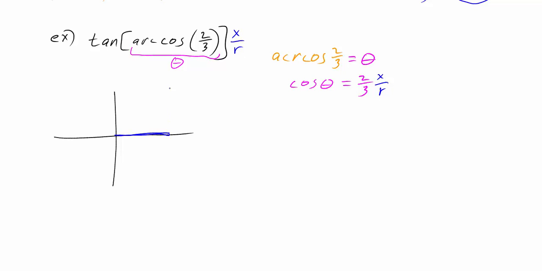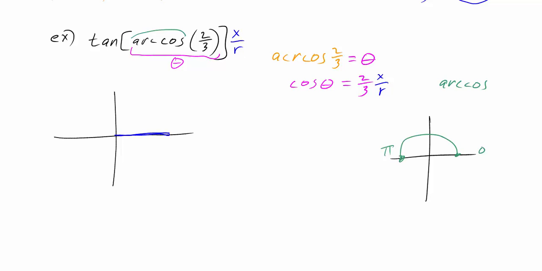Now, is the triangle going to go up in the first quadrant, or is it going to go down? This is where we have to think about our arc cosine. If you recall, what is the range of our arc cosine? We said it had to be somewhere from 0 to pi.